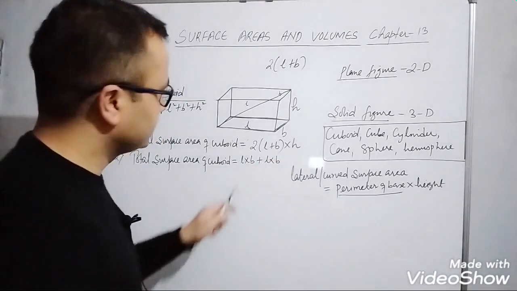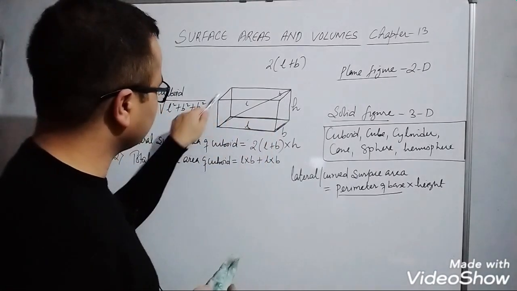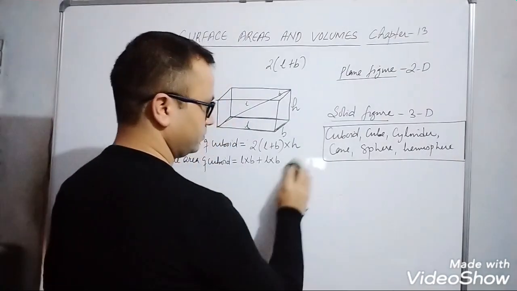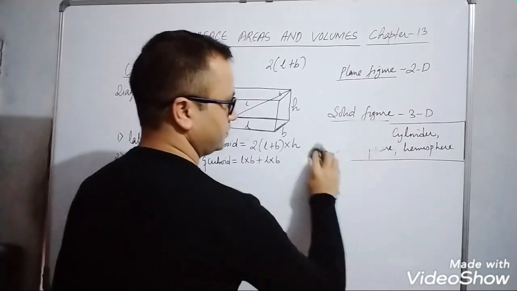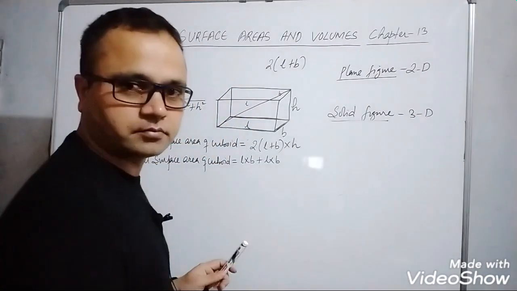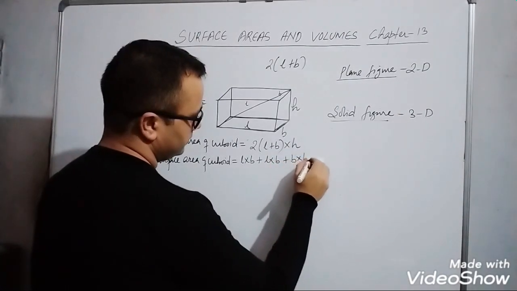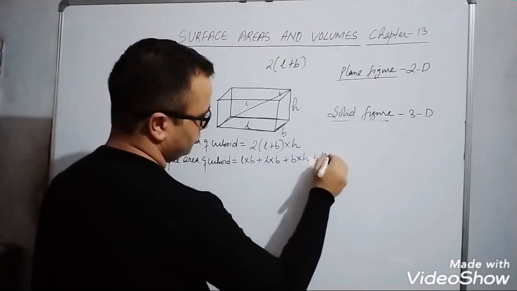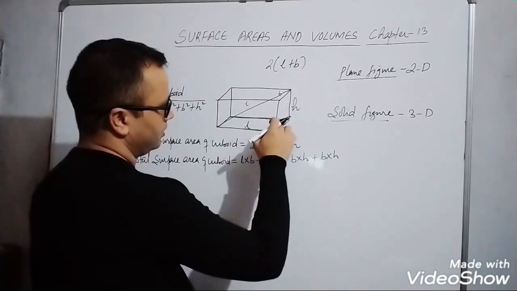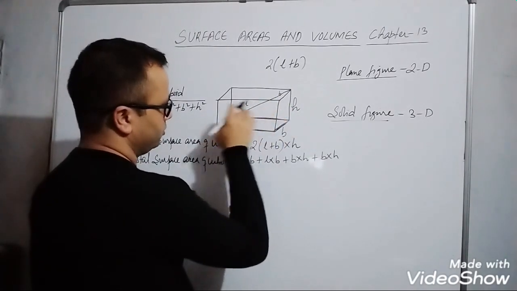Now B into H 2 times, because this is B into H and this is also B into H, because of the two sidewise faces. These two faces are equal.